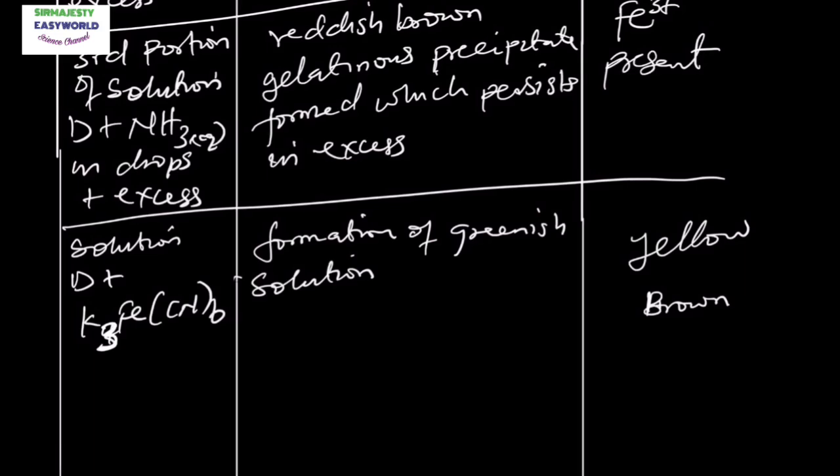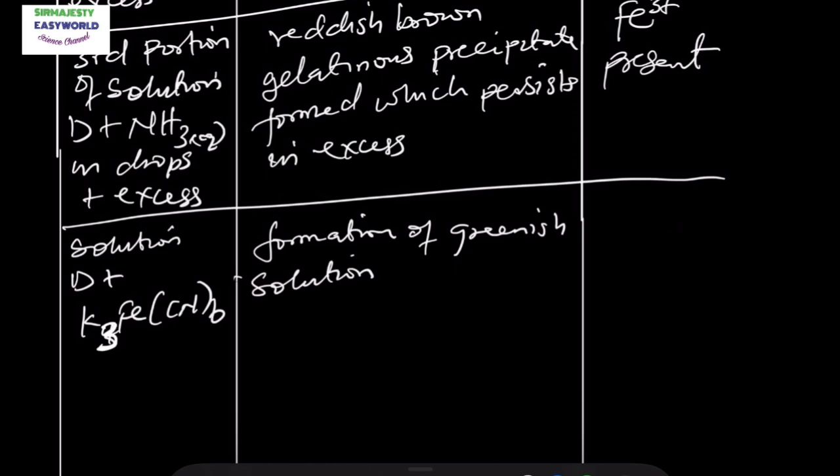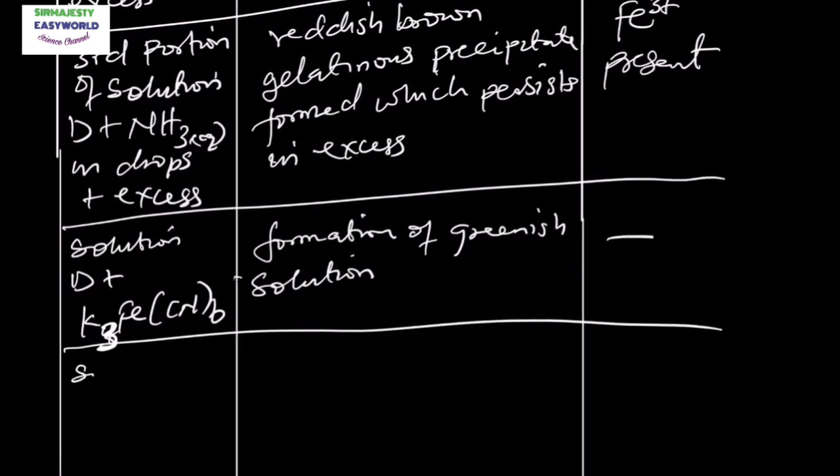For inference, I will not be biased. I don't know what should be reported. We don't test iron 3 using iron 3, to my little knowledge. If you are testing for iron 3 ion, you use hexacyanoferrate 2, which is green already, and it will turn blue.